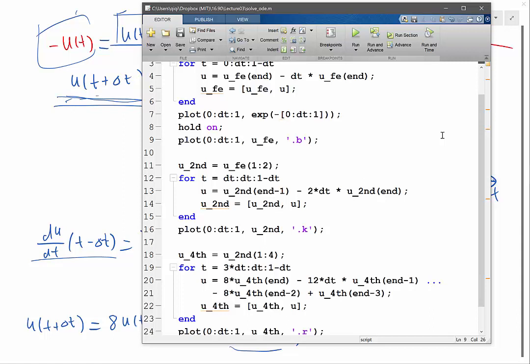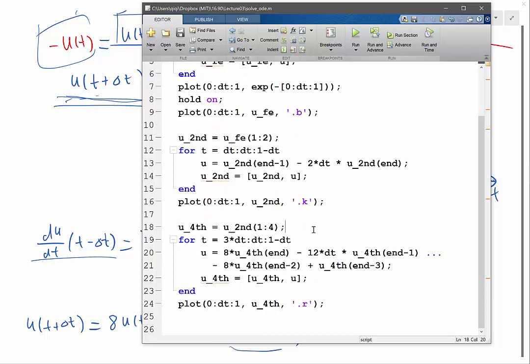The second instability is the one that happens on the fourth order scheme. It's fourth order, but it encounters a more devastating kind of instability. That's called a zero instability.